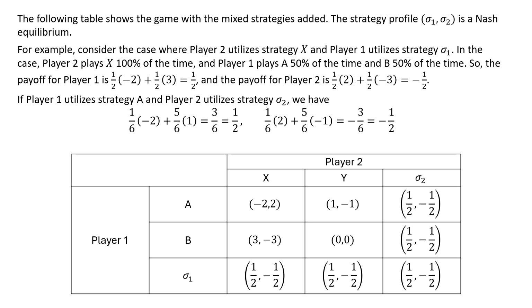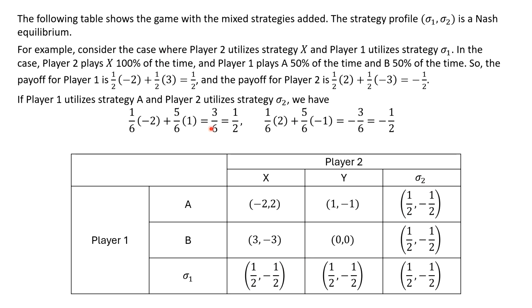Let's continue with the example. I copied the game down here at the bottom, but I've added the two mixed strategies. Remember, this was 1/2, 1/2 probabilities for playing A and B, and then sigma sub 2 was 1/6, 5/6 for playing X and Y. So I'm not going to compute every one of these.